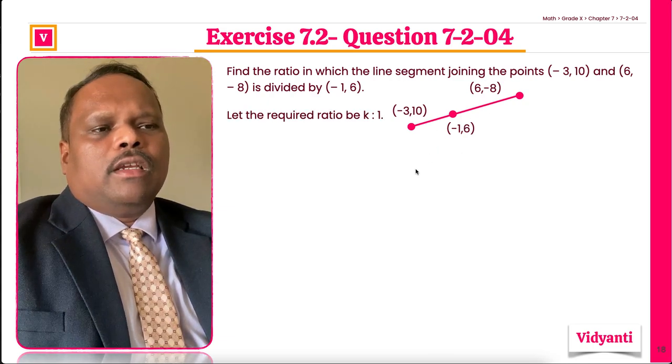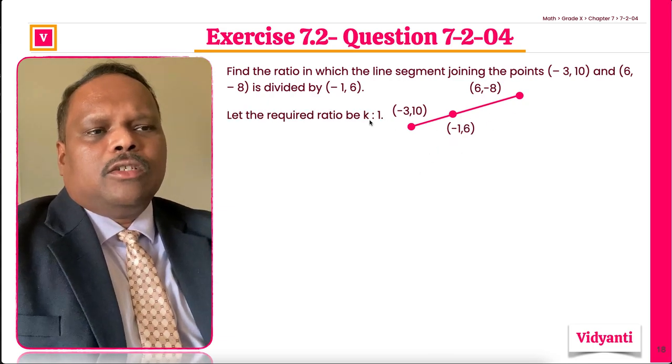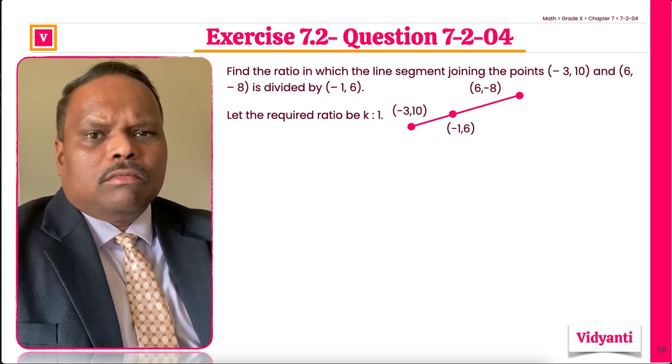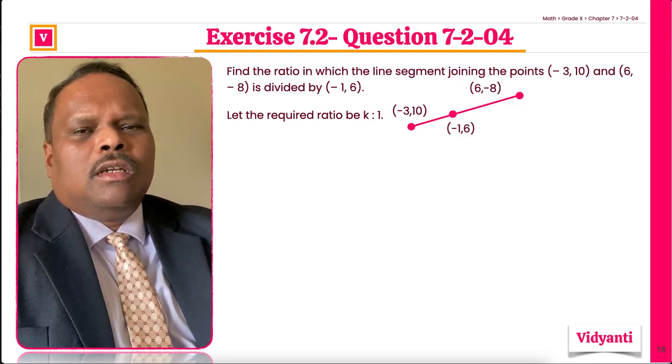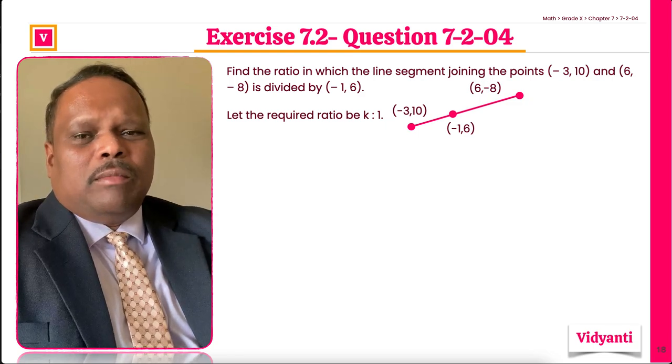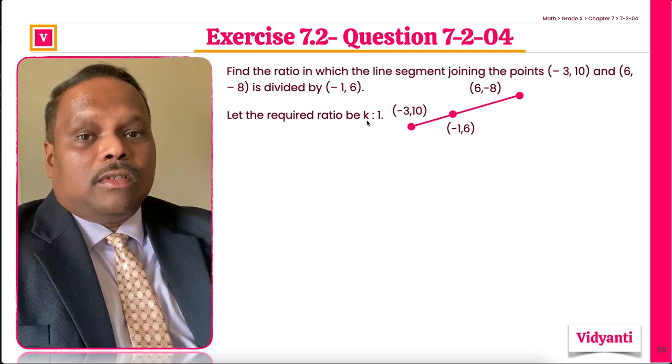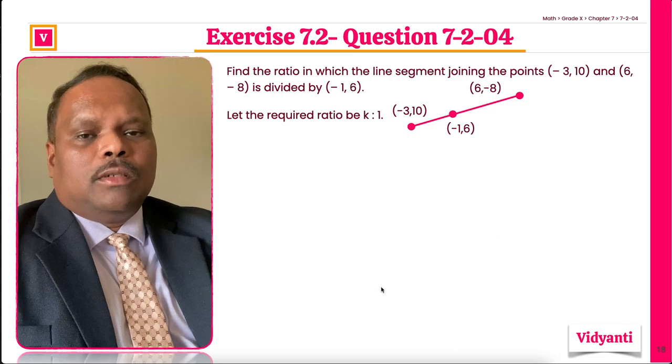So instead of taking m is to n, let's assume the required ratio, call it k is to 1. Why am I doing k is to 1? Because I don't like two unknowns m and n. Most likely this k will come out to be a fraction, which is actually good because then we can spread it apart, make it even. Let's see, at the end of the solution I will explain.